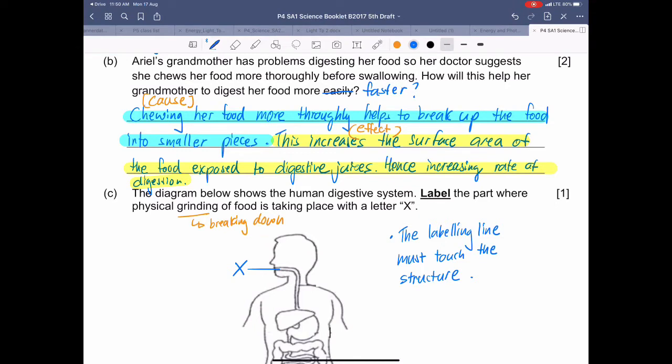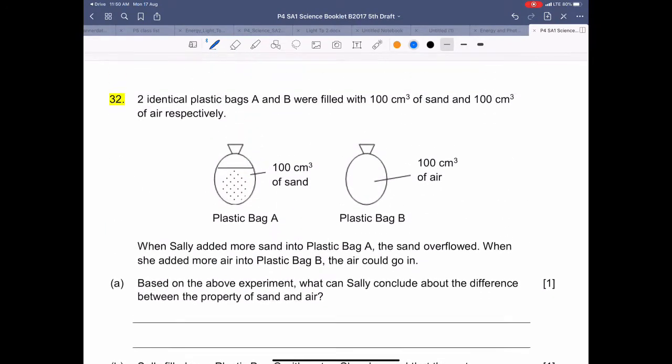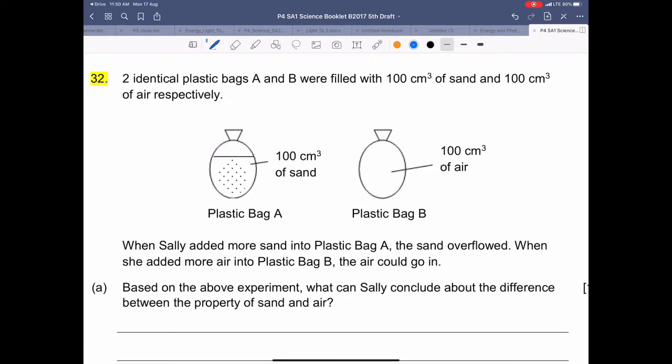Okay, moving on. Two identical plastic bags, A and B, were filled with 100 cm cube of sand and 100 cm cube of air, respectively. Now, the word respectively means in order, actually.